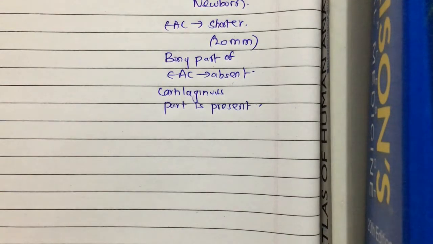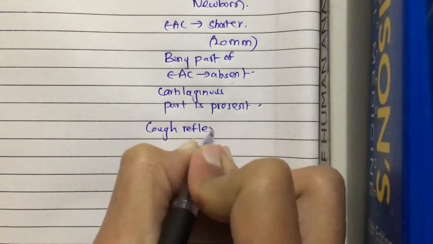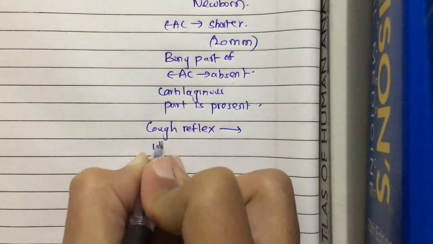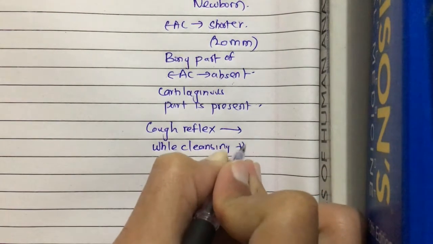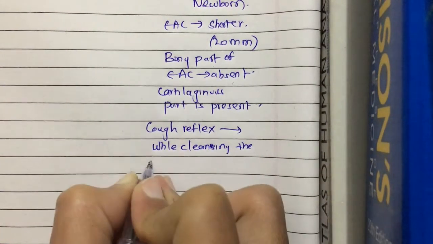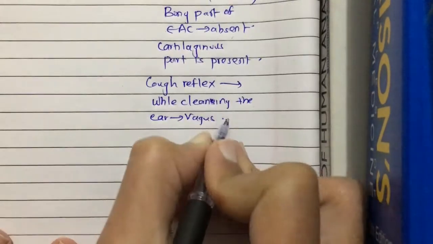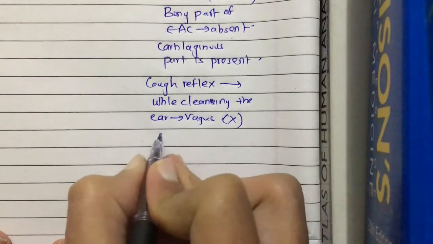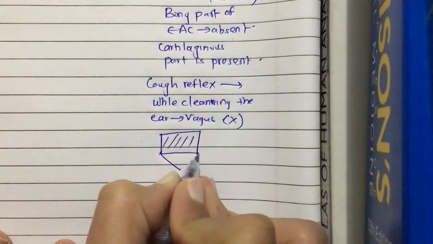And the cough reflex, which can occur while cleansing the ear, is mediated via the vagus nerve, because the vagus nerve supplies the posterior wall and the inferior wall.